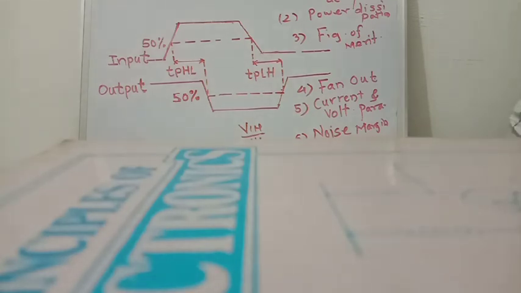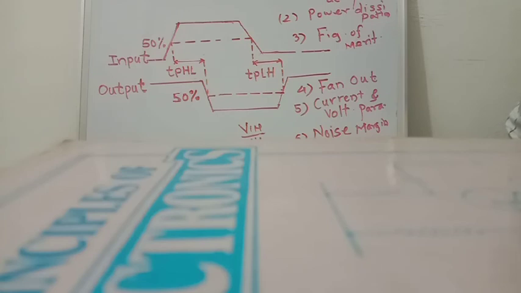This is the minimum current which must be supplied by the driving source, corresponding to 0 level voltage. Then high level output current, IOH. This is the maximum current which the gate can sink in 1 level. Then low level output current, IOL. This is the maximum current which the gate can sink in 0 level.